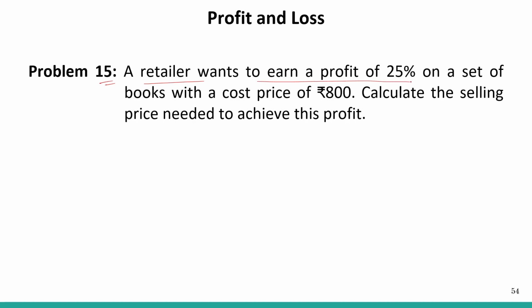A retailer wants to earn a profit of 25% on a set of books with a cost price of 800 rupees. So calculate the selling price needed to achieve this amount of profit. Okay, so given that CP is equal to 800, okay, he wants to earn 25%. So SP is equal to CP plus profit, right?